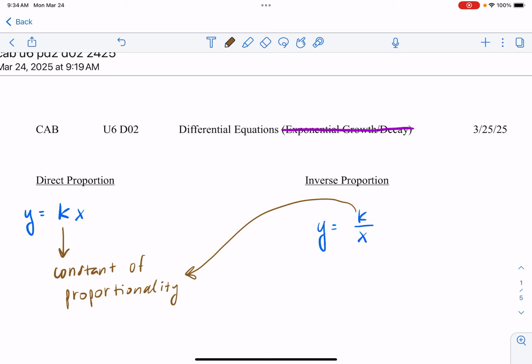And again, k is called your constant of proportionality. Just one quick thing to note, another way to write this equation is x times y equals k. So when you multiply x times y, then you get a constant, which further helps to explain why as x increases, y decreases, and vice versa.